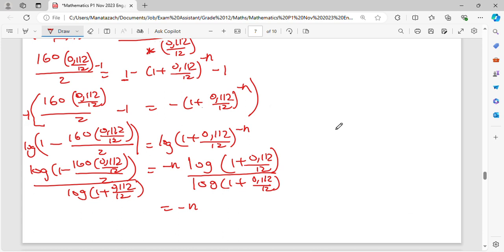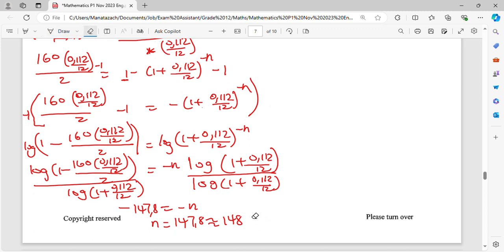Then I'll divide by the bottom, which is the log of 1 plus 0.112 divided by 12. That gives me a negative number, minus 147.8. That means n is basically 147.8, or we can just say 148. So this will be our answer. That means there'll be 148 payments. In this case, it's withdrawals, so let's not say payments, let's say withdrawals.